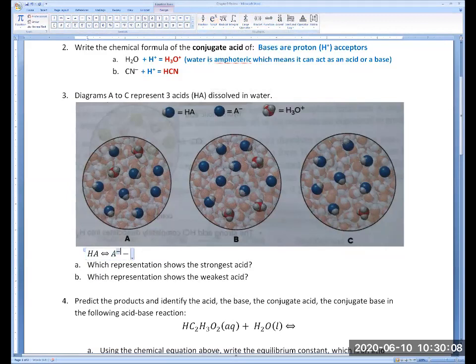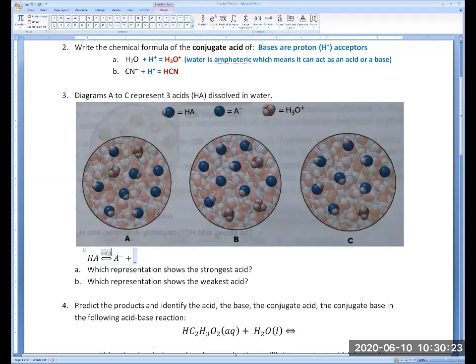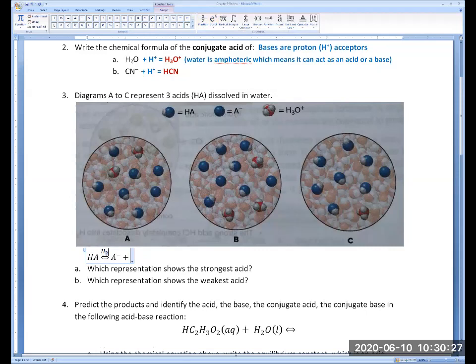A minus is the conjugate base of the acid HA. And I guess here on top I should have added H2O, right? When you place it in H2O. Then the H plus.